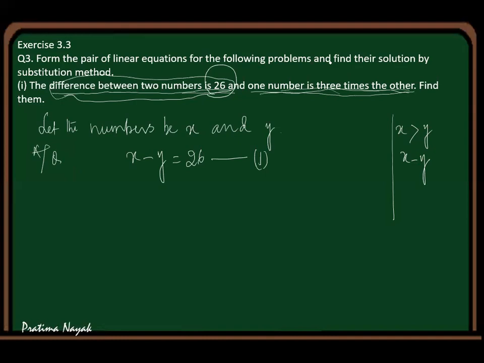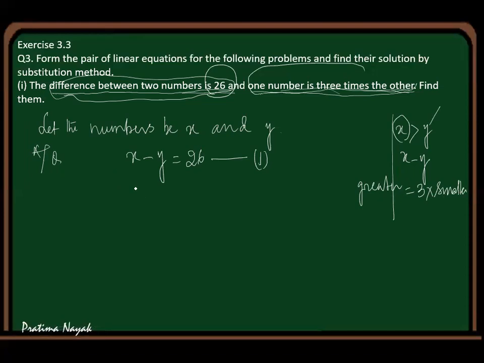Now one number is 3 times the other. When you take one as 3 times the other, certainly the greater one will be 3 times the smaller one. Greater is 3 into smaller. You can't write that smaller is 3 times greater.